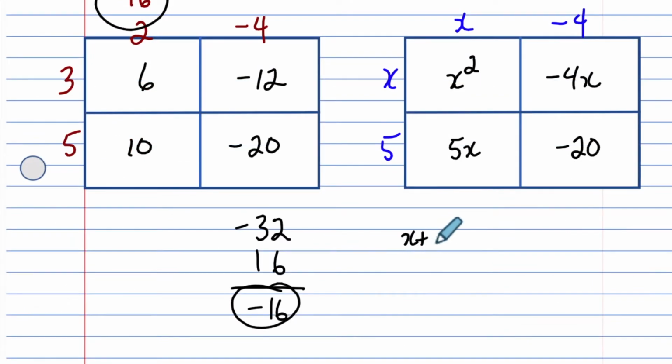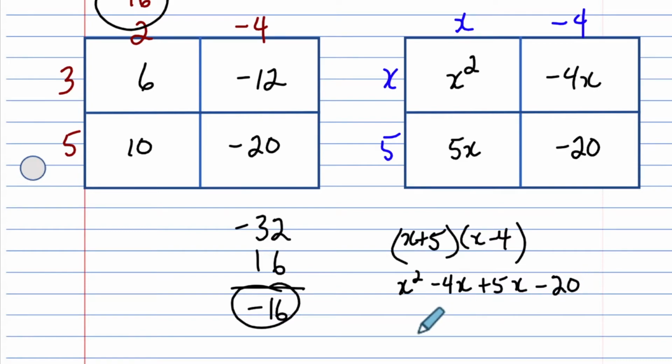We have x plus 5 times x minus 4 is the same thing as x squared minus 4x plus 5x minus 20, or x squared plus x minus 20. Notice that a binomial times a binomial makes a trinomial, 3 terms in this case.